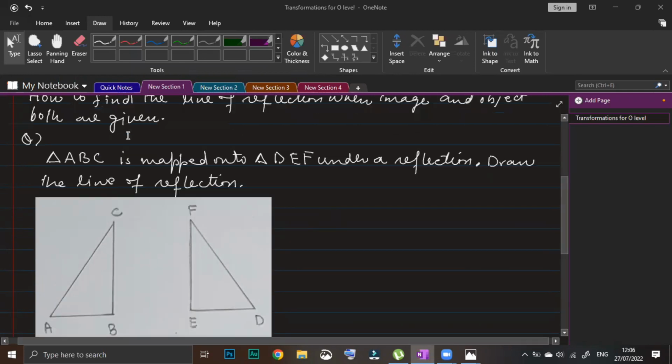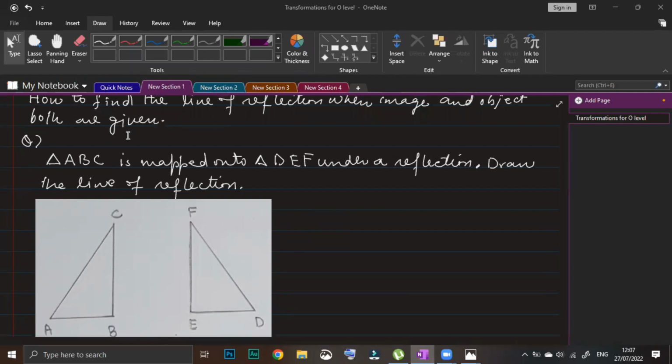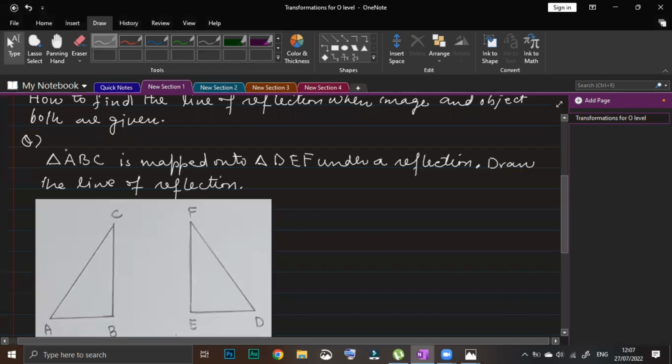Now, first of all, we will have to understand the language of this topic. Triangle ABC is mapped onto triangle DEF. The figure after the words "mapped onto" is always the image figure.